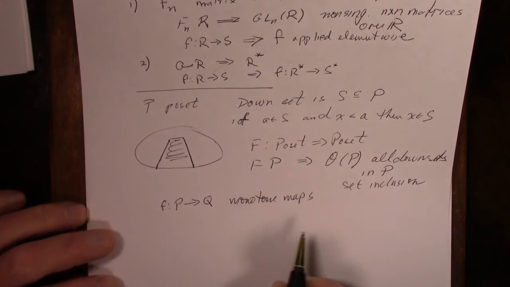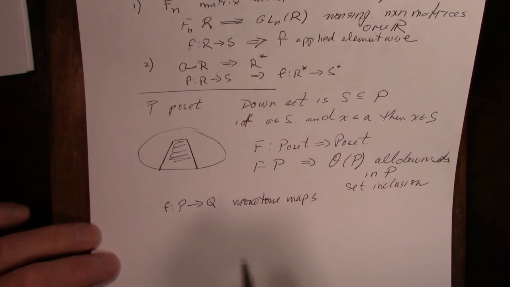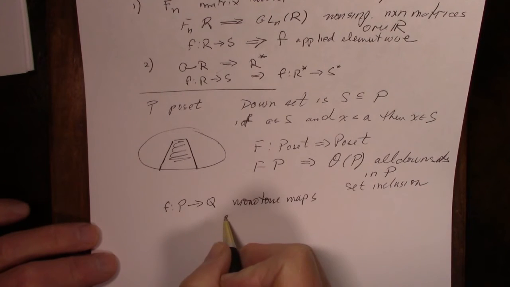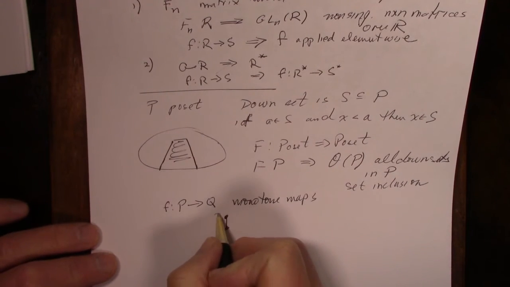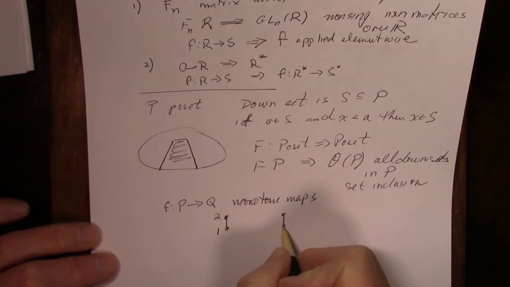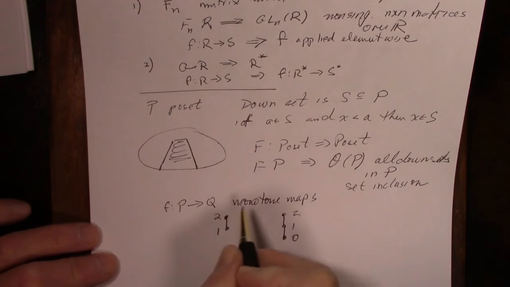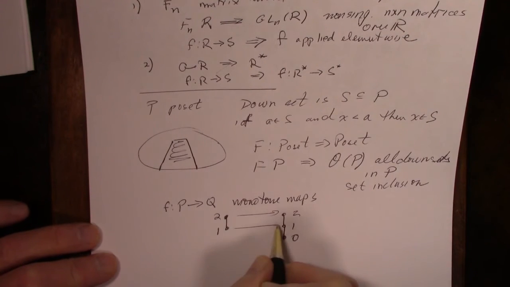Now, a monotone map does not send a down set to another down set necessarily. That's pretty easy to see if you just take a little poset like this and send it to this poset here, and you send 2 to 2 and 1 to 1.